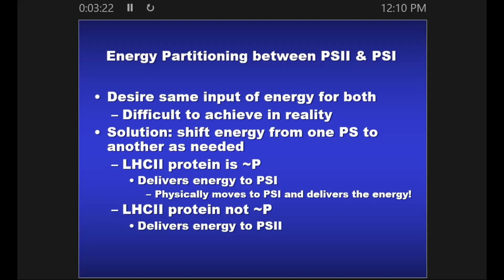So that phosphate attachment is like the signal to tell the antenna complex what to do, where to go, where to deliver the energy. So it's quite amazing, but pretty simple. It's a pretty elegant solution.